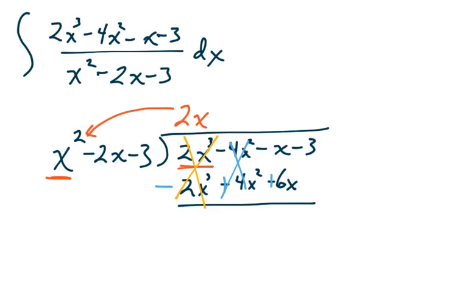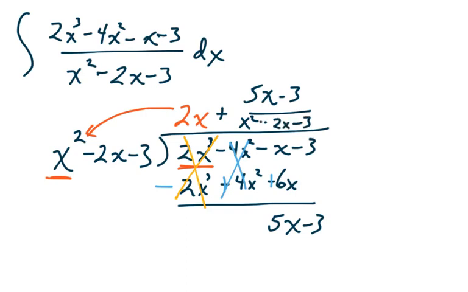That doesn't always happen, but I do end up with a 5x minus 3. Now, the division is over because no longer is my result higher than my denominator. But remember that this 5x minus 3, even though it's a remainder, can be written as 5x minus 3 over x squared minus 2x minus 3.